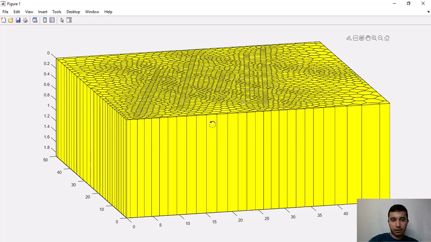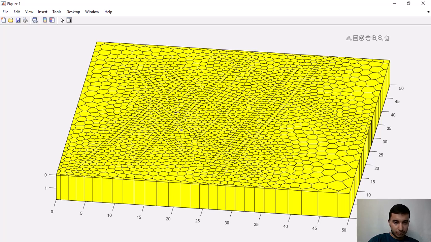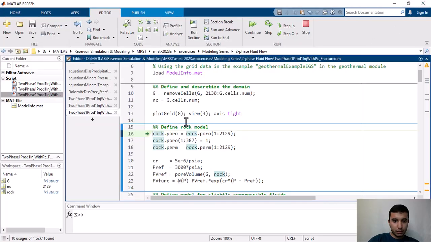You can see the fractures of the model, and these are the fractures whose porosity and permeability are very high. The porosity is equal to 1, and they've got a very high permeability, which you can see in this struct. If you open it, you'll be able to see the properties of the rock.